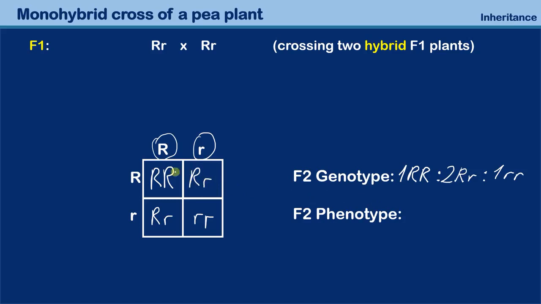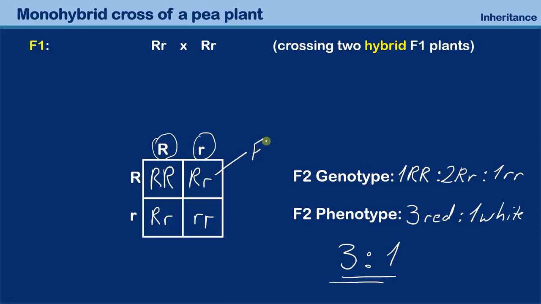We have 1, 2, 3 red flowers, and the lowercase r, the homozygous recessive one is of course white. And this is the classical 3-to-1 ratio when crossing two heterozygous plants in a monohybrid cross. And these plants over here, they are of course the F2, the second filial generation.